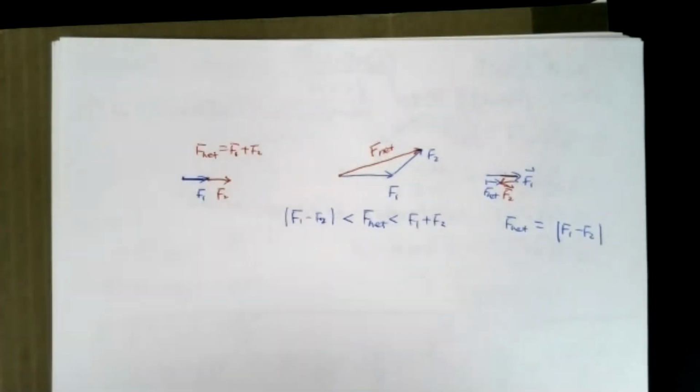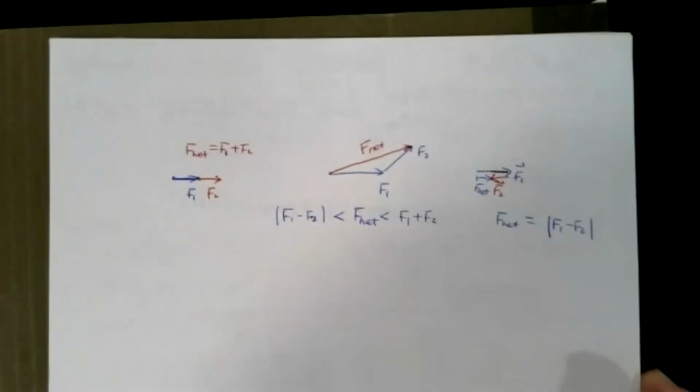So you can see among these three different scenarios, we cover all the possible scenarios that we could have. F1, F2 could be in the same direction, could be in the opposite direction, or in general, they form a certain angle. Then you will have a triangle like that.